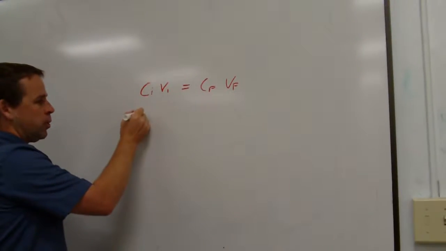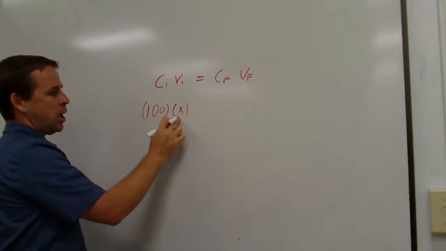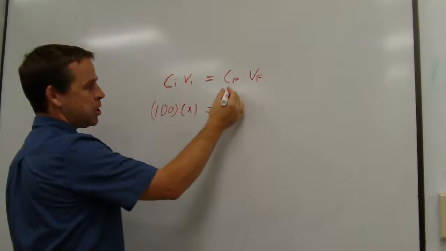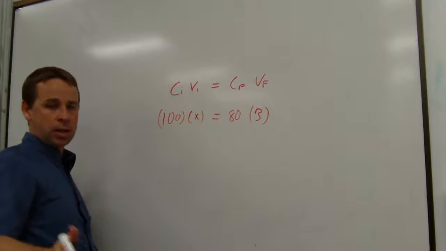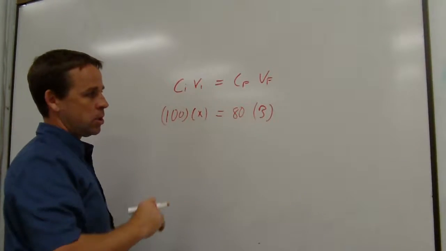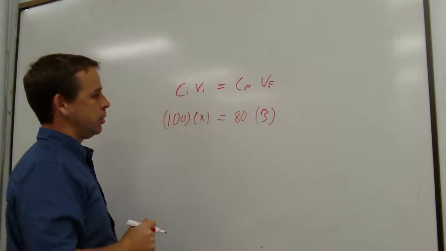So if I start off with what I call my 100% solution, and I want to know how much I have to have if I want my final concentration to be an 80% solution, and the final volume, we've been working with 3 milliliters, and the lab says 4, but 3 is enough, as long as it's above the beam of light in the spectrometer.